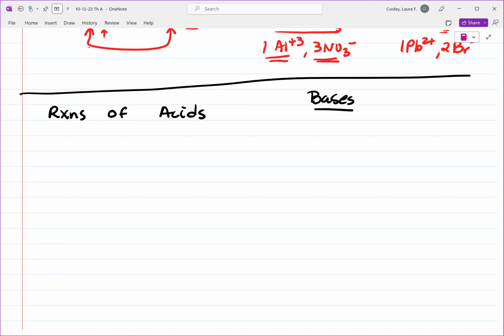You remember what I told you earlier, that bases produce OH minus in solution. So for our purposes in this course, metal hydroxides are bases.